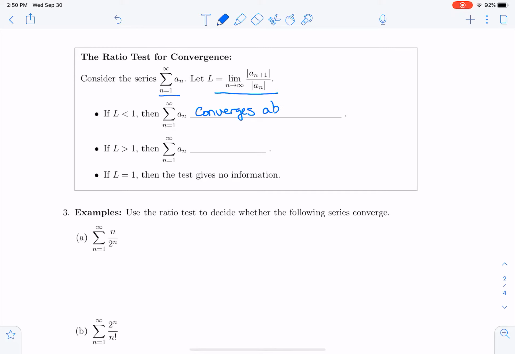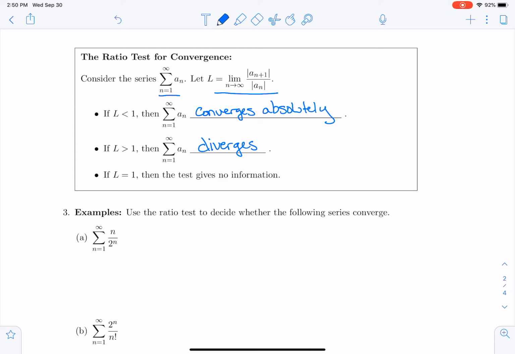But if the limit of the ratio of the terms is bigger than 1, then the series actually diverges.